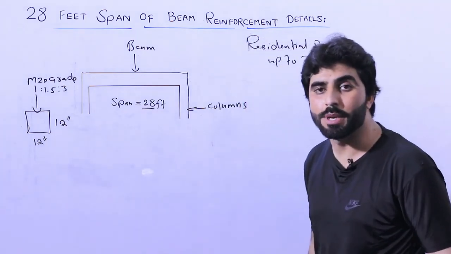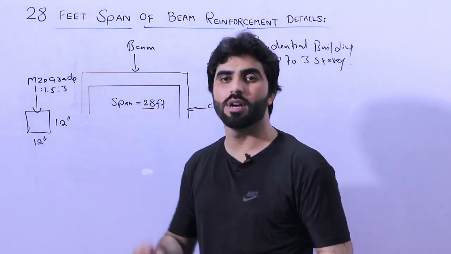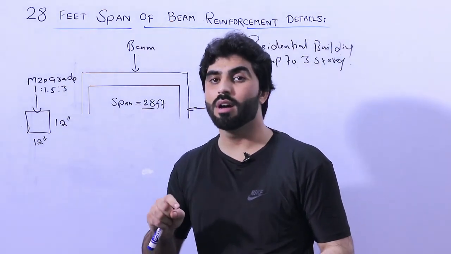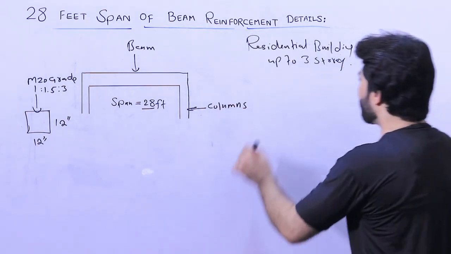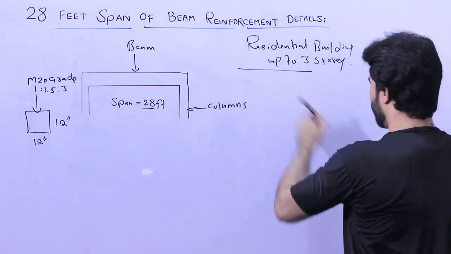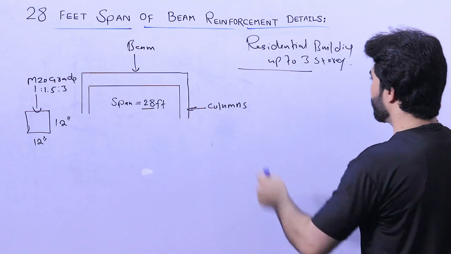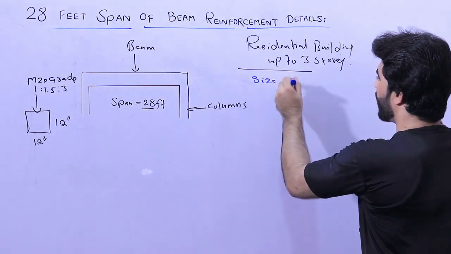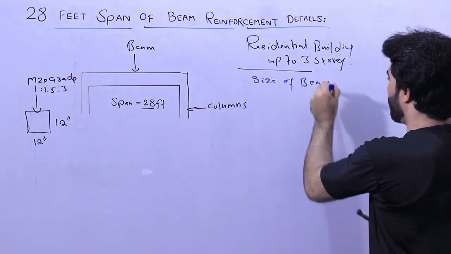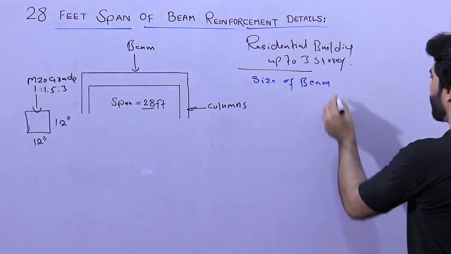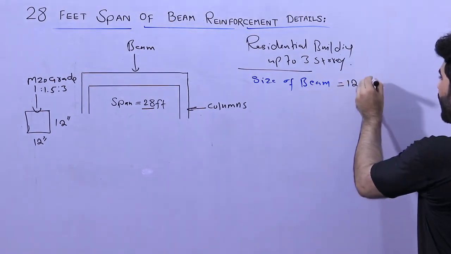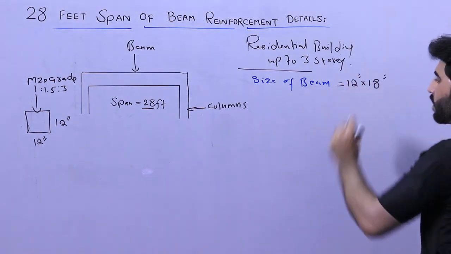Now I'm talking about the beam span, which is 28 feet. What should be the size of the beam and the steel reinforcement inside it, up to 3-story for a residential building? The size of the beam is 12 by 18 inches.